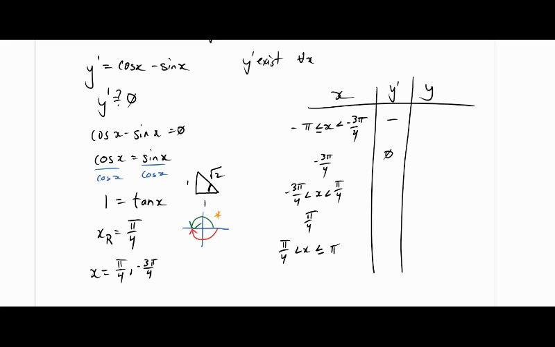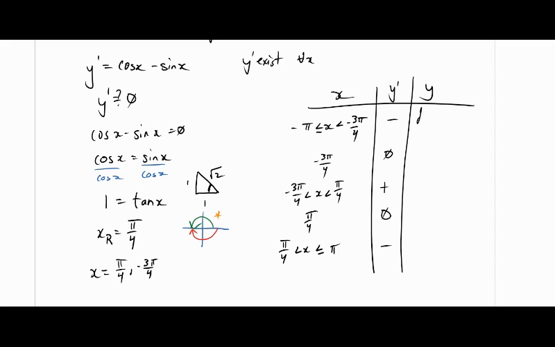Cosine of 0 is 1, sine of 0 is 0, so 1 minus 0 is 1, so this is positive. And then here it's going to be 0. And then again, pi, the cos of pi is -1. The sine of pi is 0, so -1 minus 0 is negative, so negative, right? That's probably faster, especially if you're good at this stuff.